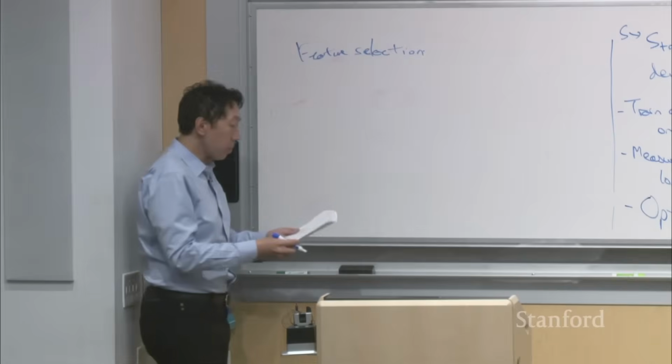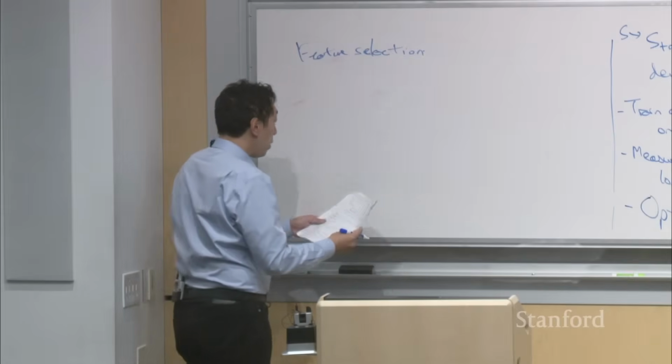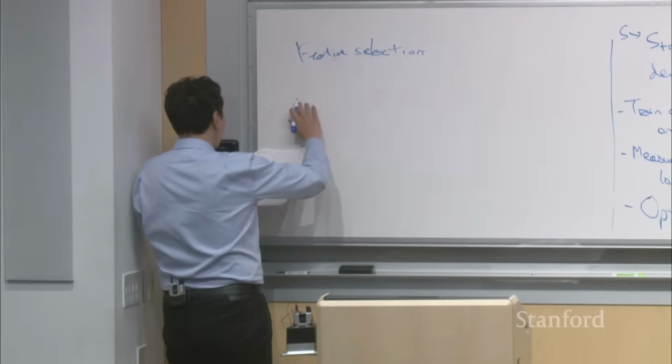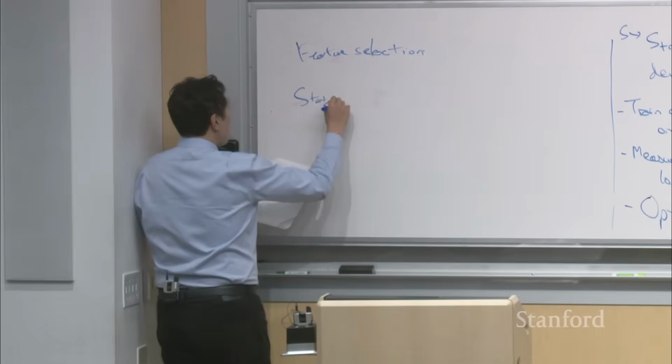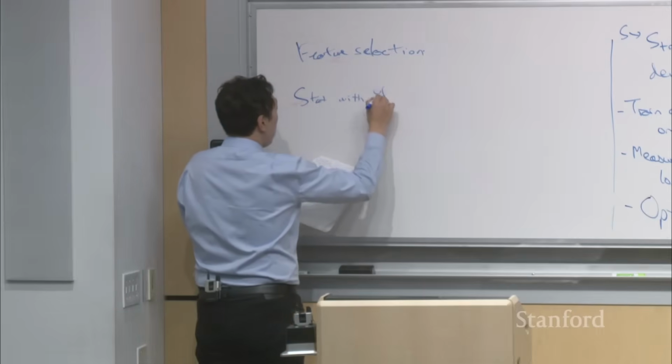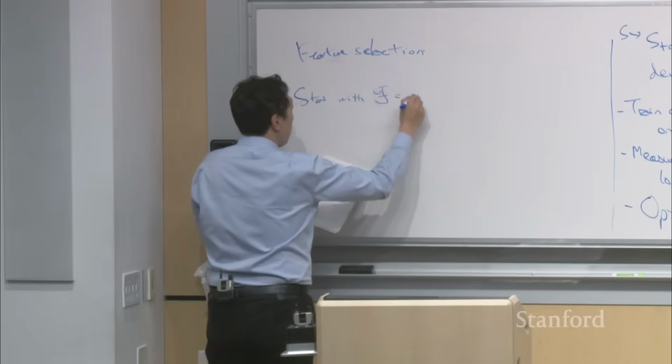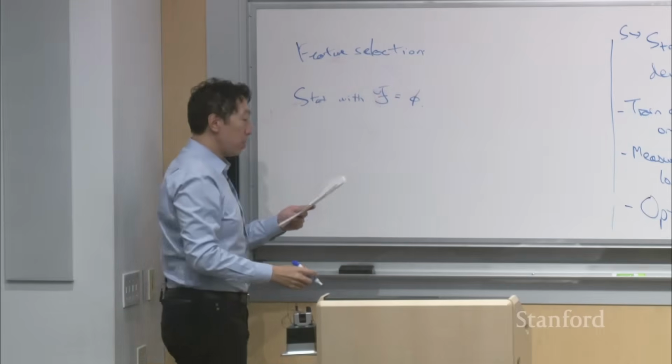Right? And so here I'll just write out one algorithm. Start with script F equal to the empty set of features.